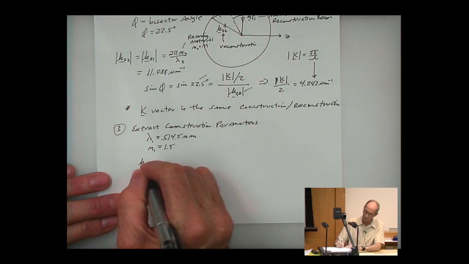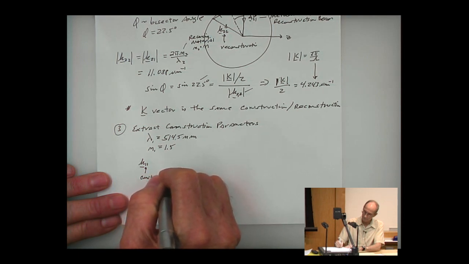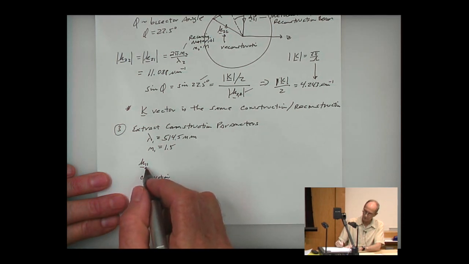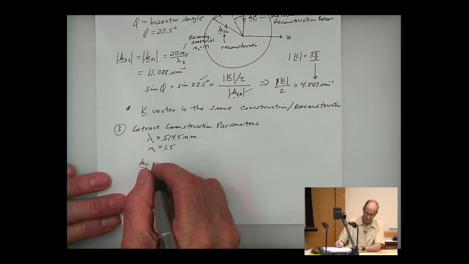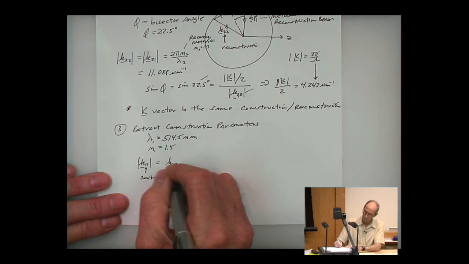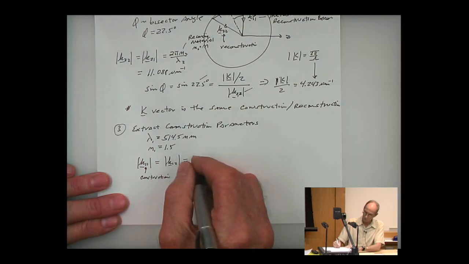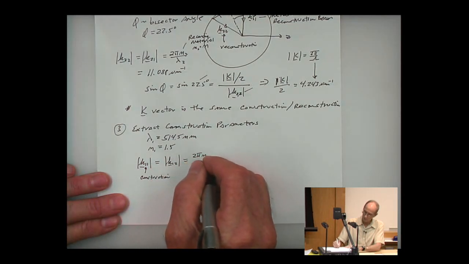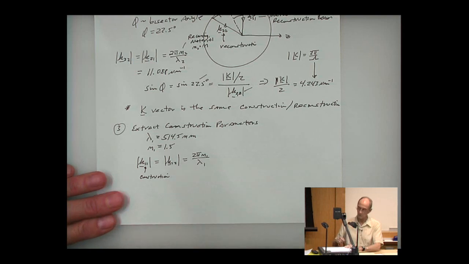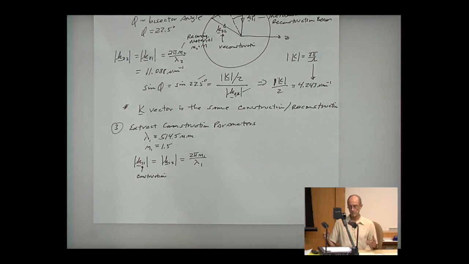So now this one means construction, and that's the first propagation vector. And so the magnitude of that is equal to K12, and that's going to be equal to 2 pi n1 over lambda 1.